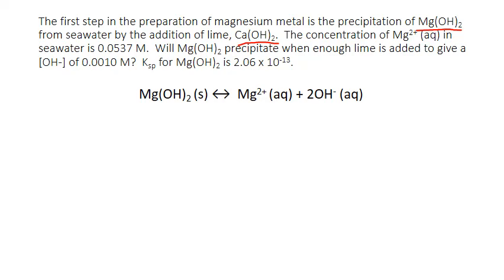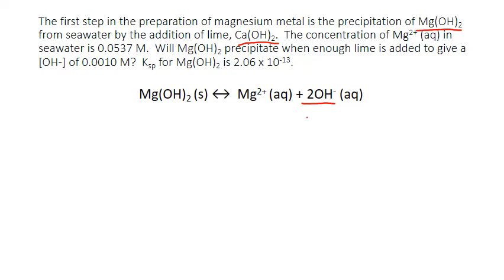And calcium hydroxide is a strong base. It's a readily soluble ionic compound that contains hydroxide as the anion. And that means that when it dissolves, it increases the concentration of hydroxide ion. And in terms of the equilibria for magnesium hydroxide, we're increasing one of the products in this particular equilibrium reaction.